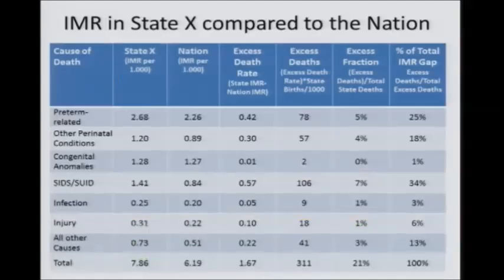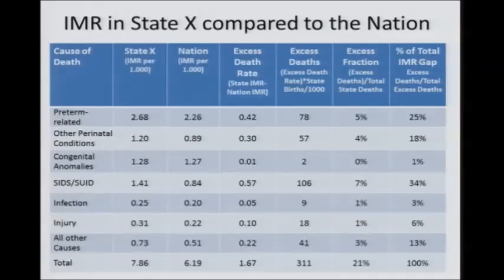Okay. So here's another example where we're looking at infant mortality in state X compared to the nation, and we're doing it by cause of death. That's also part of phase 2 of PPOR. And so we take the simple difference, the excess death rate, multiply that by the births that were exposed, and divide by 1,000 since the death rate is per 1,000.